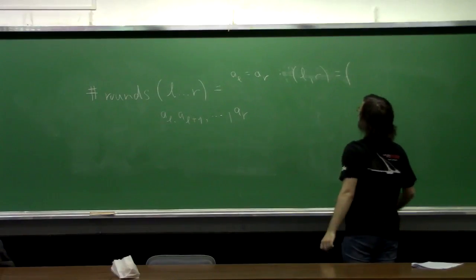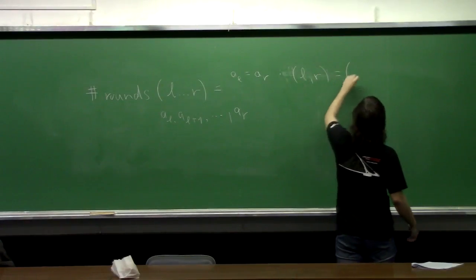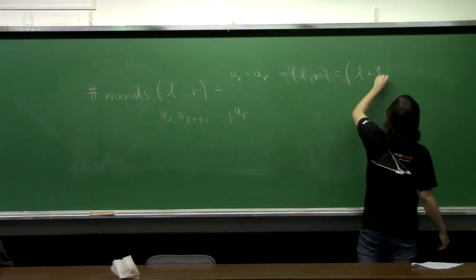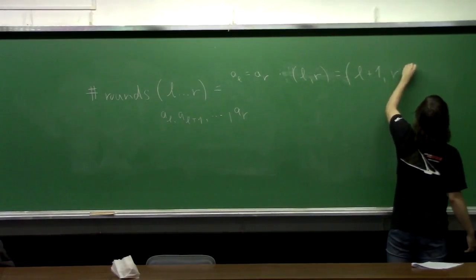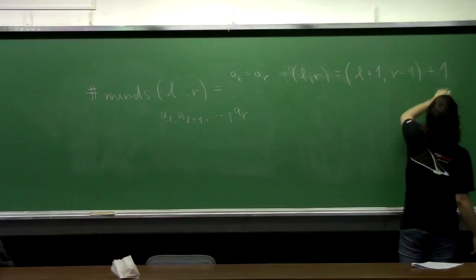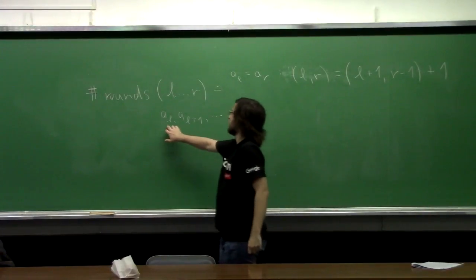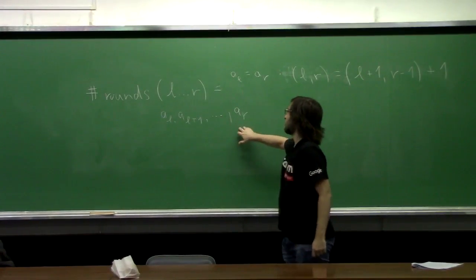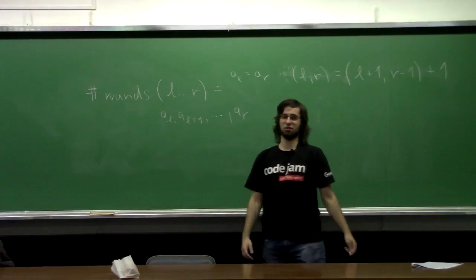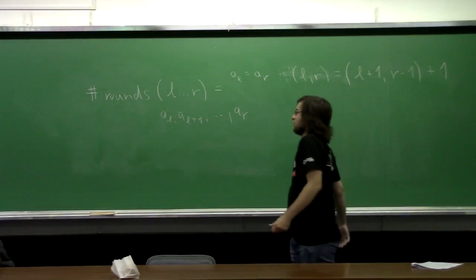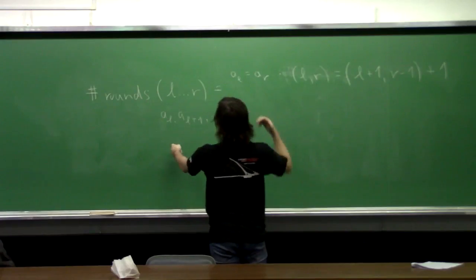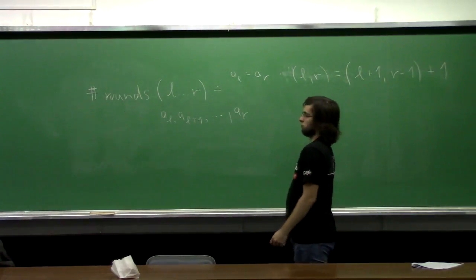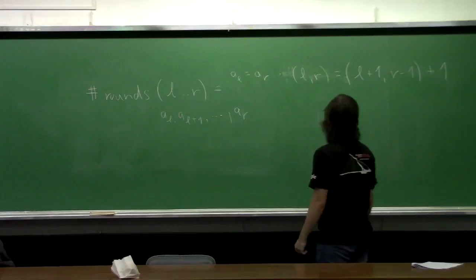The DP number for this position is the same as the DP number for position L plus 1, R minus 1, plus 1, because we just shot that pair. If we can shoot this pair of leftmost deck, rightmost deck, then there is no point in not shooting it, because we would still have to discard one of those decks, and there wouldn't be any point to it.